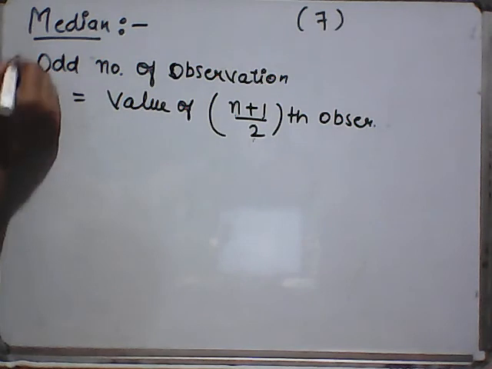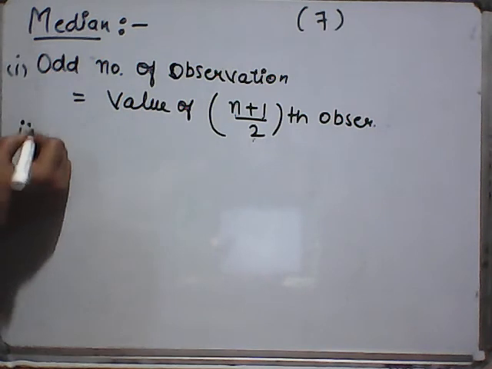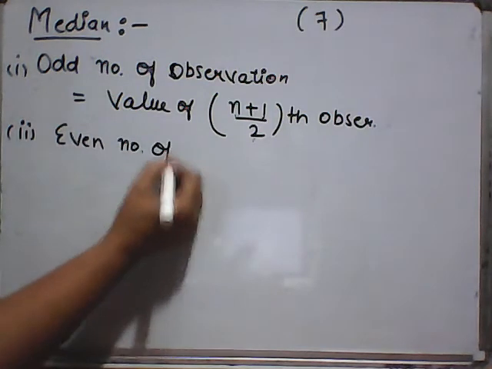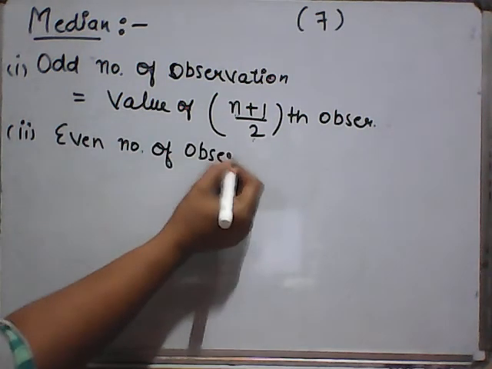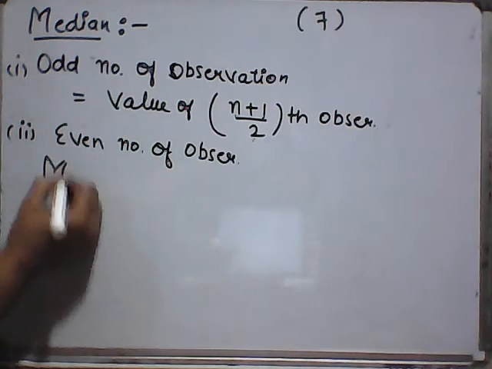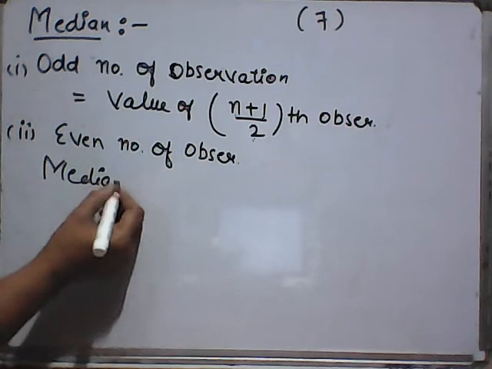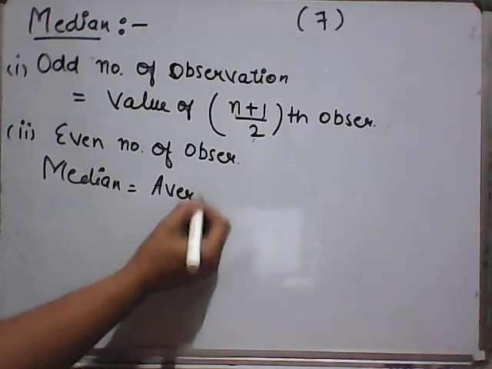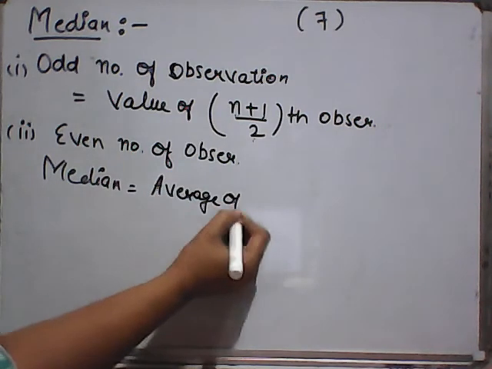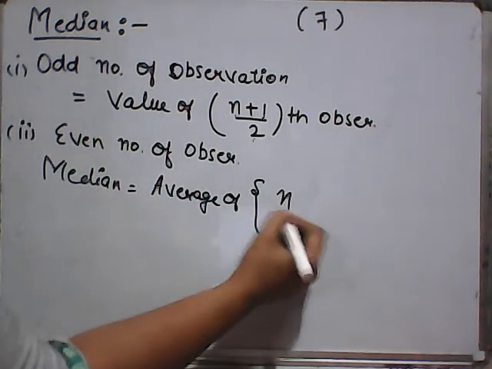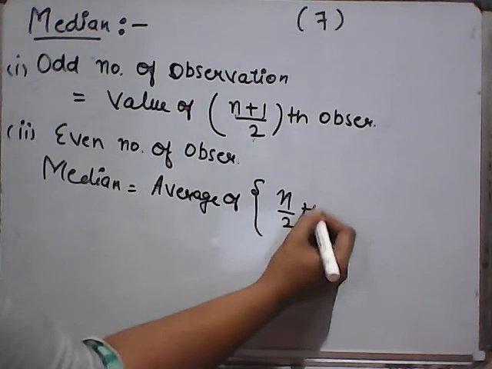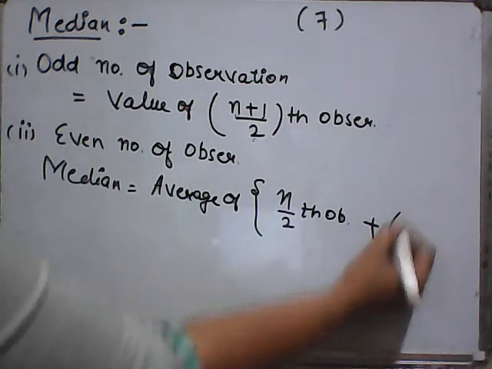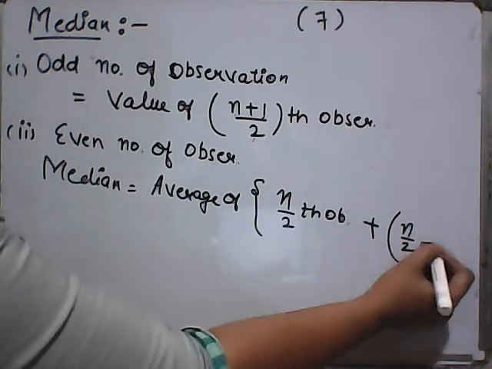If data contains even number of observations, we can find out the median by using the formula: average of the n by 2th observation and the n by 2 plus 1th observation.